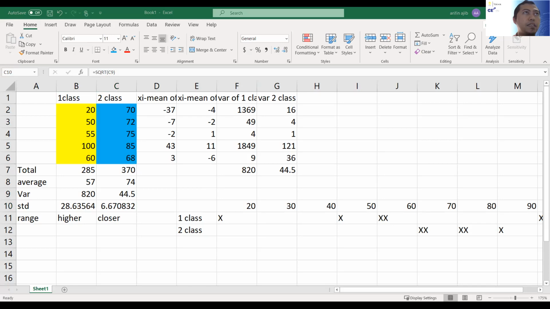And then the next question is about scientific inspection. Wait a moment, I'm thinking of the next sample.